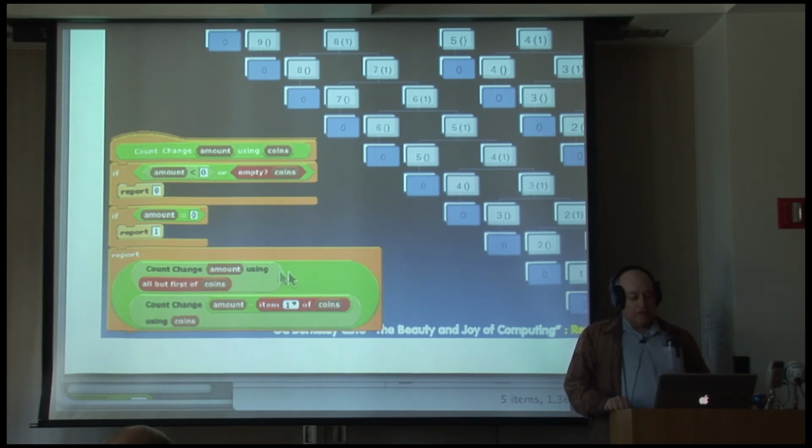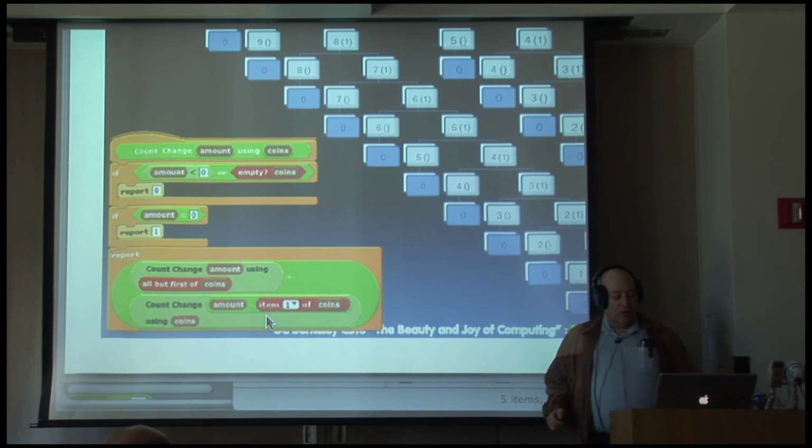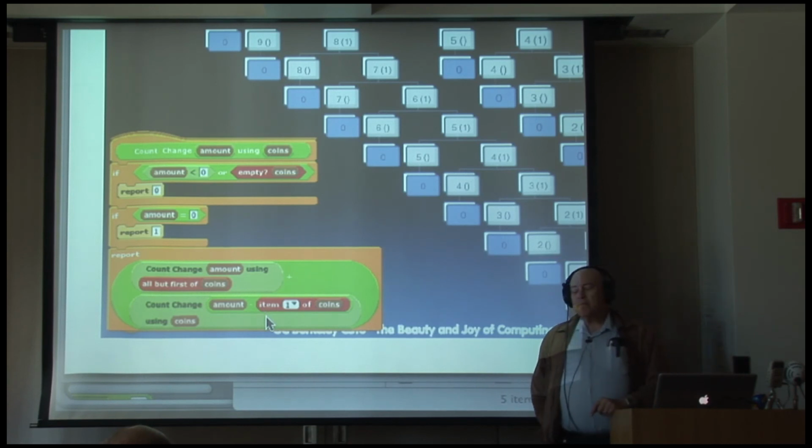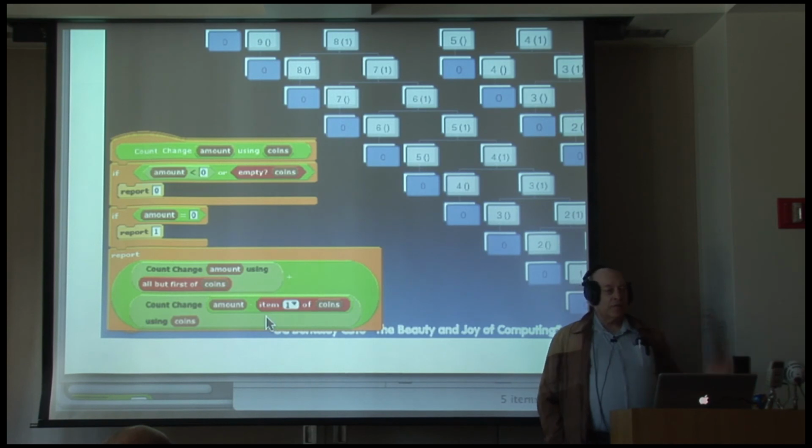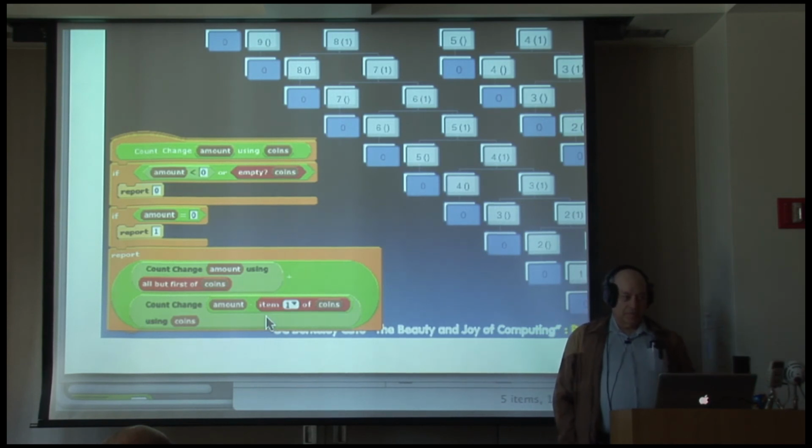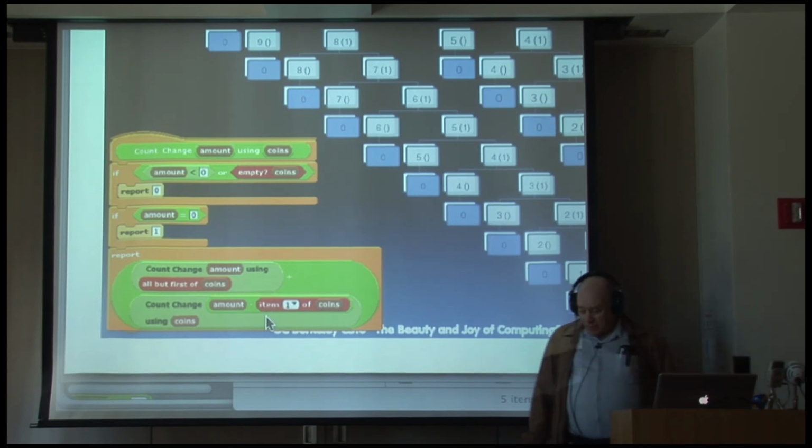But this plus, with the two recursive calls, is a great example of a kind of recursion that has nothing to do with drawing pictures. And yet, recursion is just the only plausible way to think about this problem. You could do it without recursion.